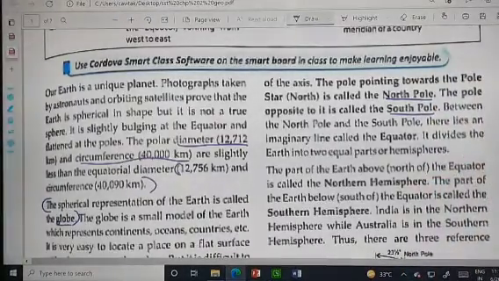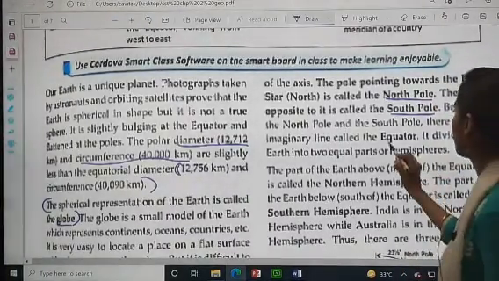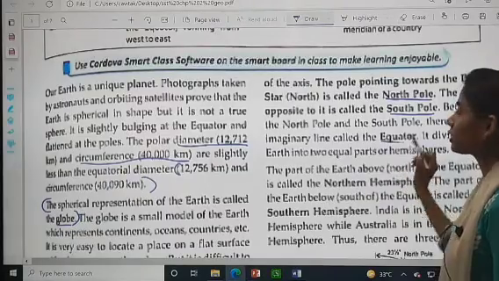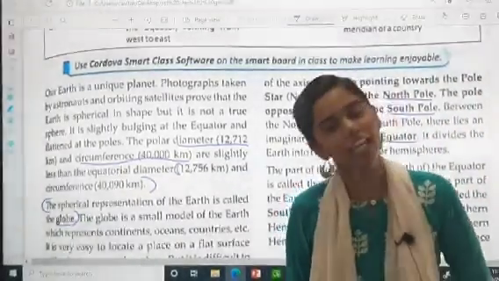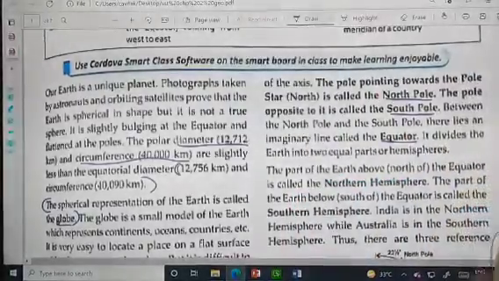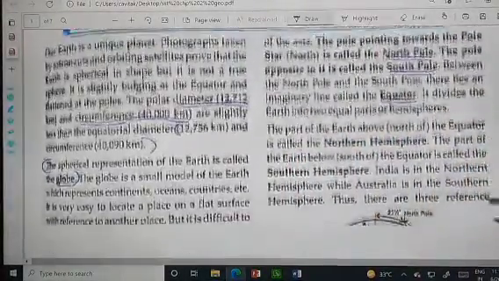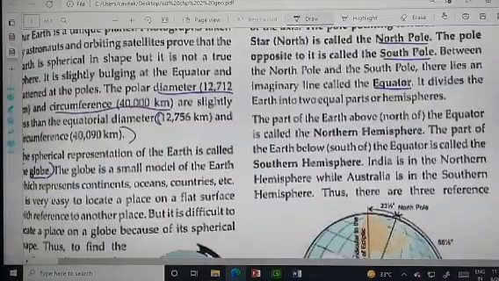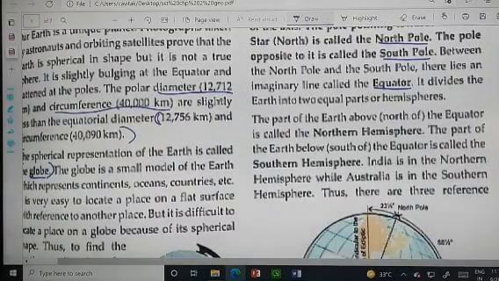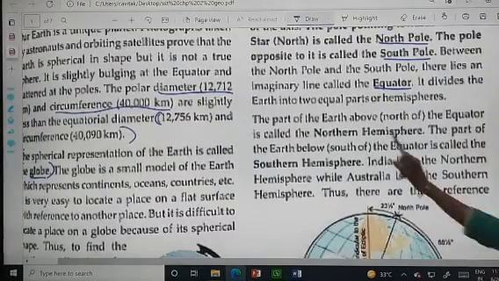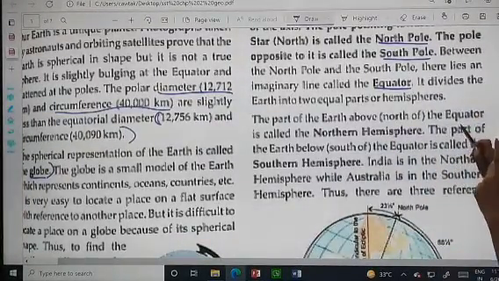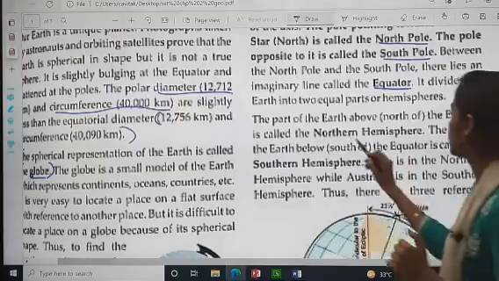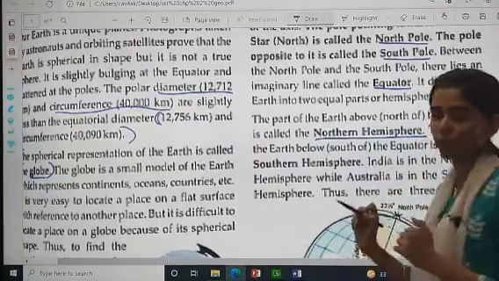Between the North and the South Pole lies the imaginary line called equator. So उन दोनों के between में क्या है? Equator है. Okay? It divides the earth into two equal parts. Now, talking about the northern hemisphere. The part of the earth above the equator is called the northern hemisphere.